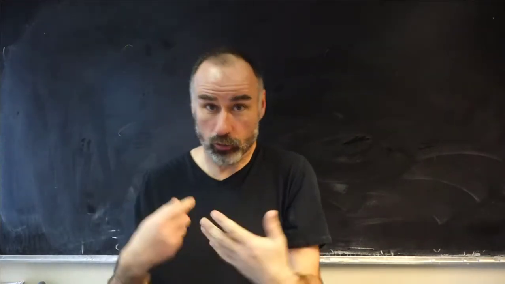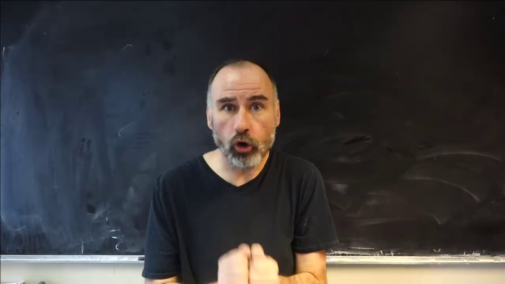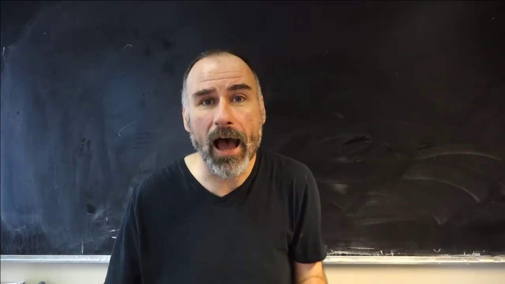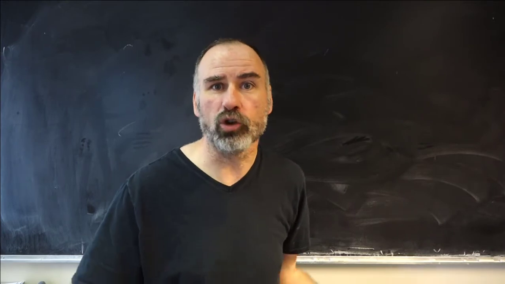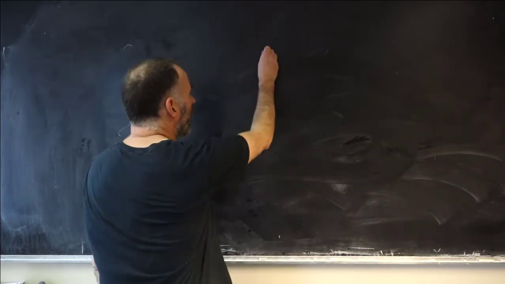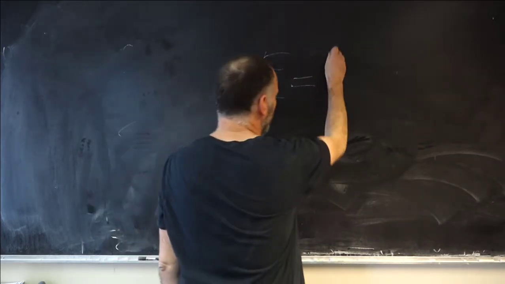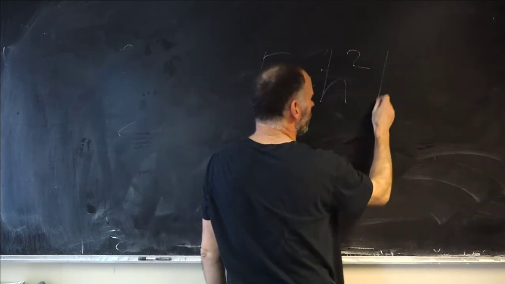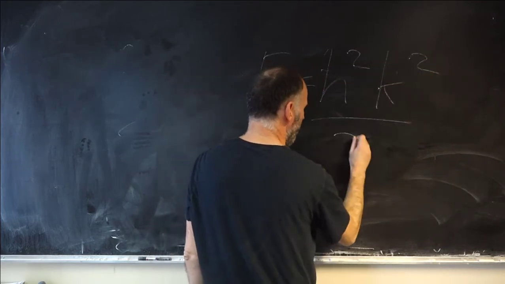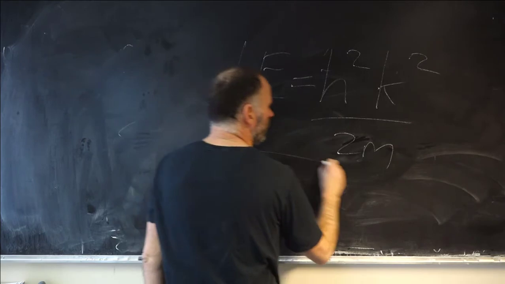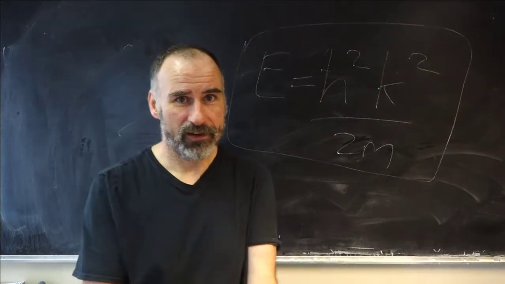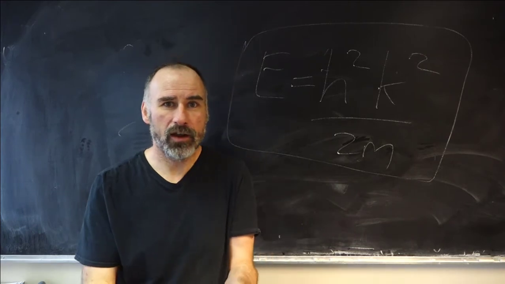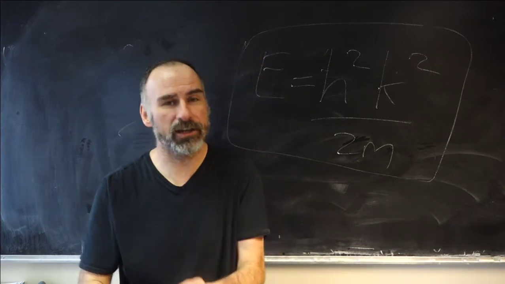And from that we can work out momenta, and from that we can also work out, do we have the right dispersion relationship for free electrons? And what's that dispersion relationship? Well, I've written this down a number of times before. E is equal to h bar squared k squared over 2m. Now there's nothing to that formula other than the classical expression for momentum and de Broglie's relation, p is equal to h over lambda.